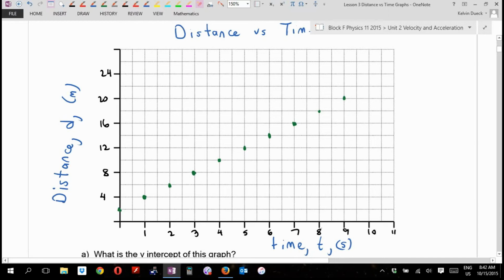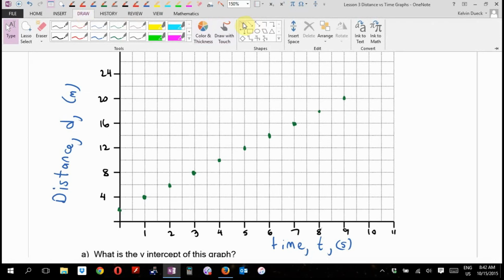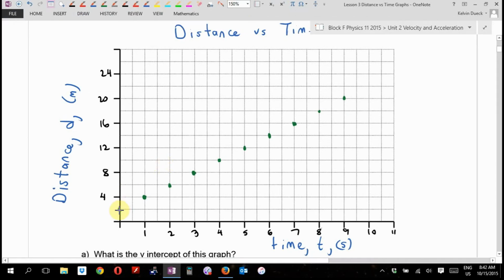Use a straight edge, use a ruler if you can. I didn't tell you to get the rulers out, so you can freehand if you really want to. I'm just going to draw here. Connect the dots. Let's even go really high tech. Let's go draw line. So let's go right to there.